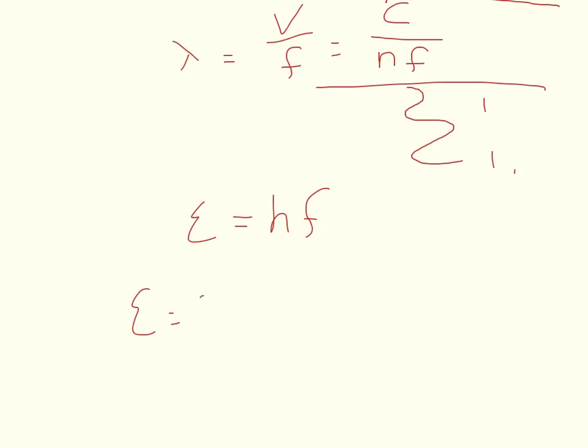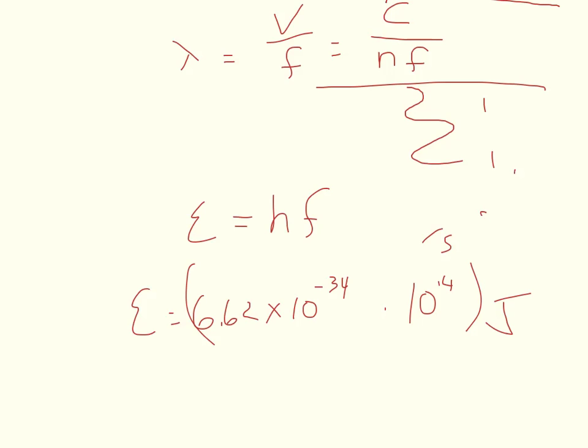Energy is equal to 6.62, I'm going to shorten it here, times 10 to the negative 34th, times the frequency, which is 10 to the 14th. That will give us units of joules as our answer, because the frequency is in units of per seconds, or seconds to the negative 1, and Planck's constant is in units of joules times seconds, so seconds cancel out, and you end up with joules.